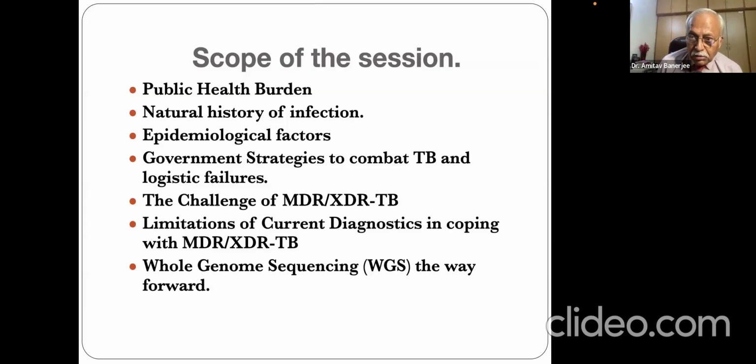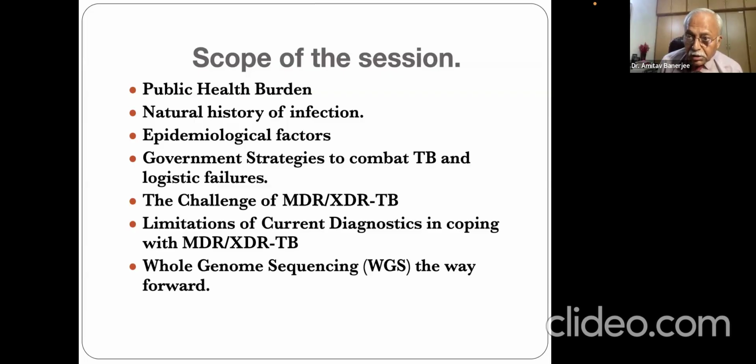I will be going a little ahead into the current literature, and what is going to be the way forward to overcome the limitations of current diagnostics in coping with multi-drug resistance and extensively drug resistance tuberculosis, because I'll be touching on this a little more.